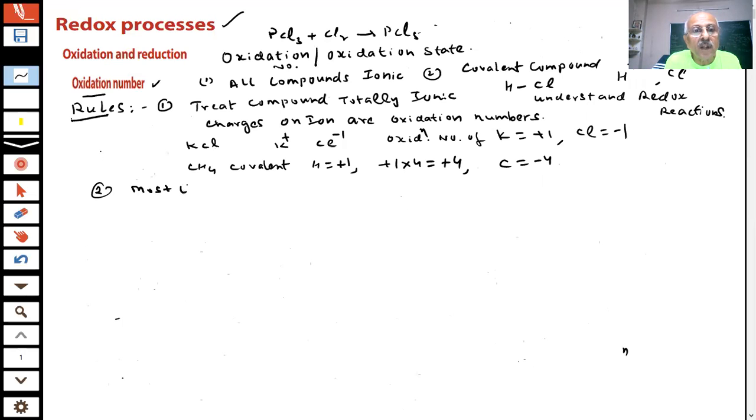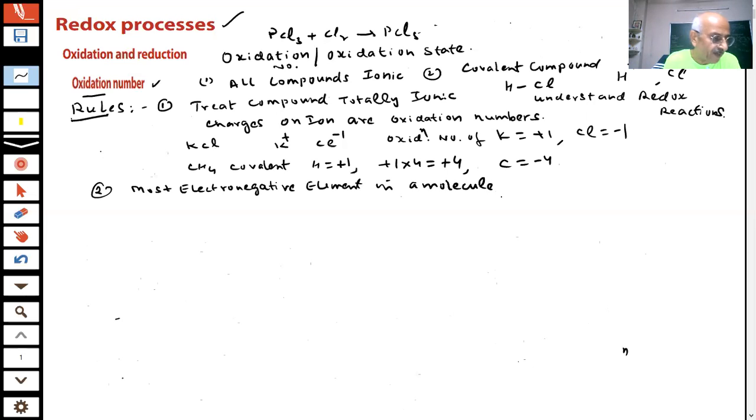Most electronegative element in a molecule is assigned a negative oxidation number.